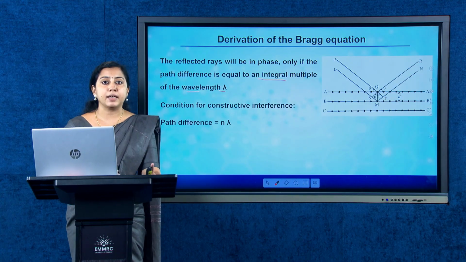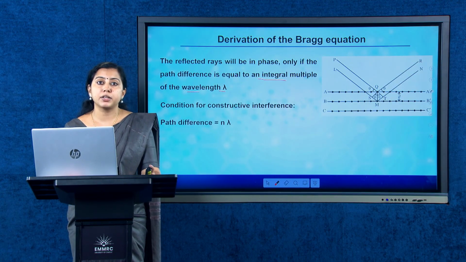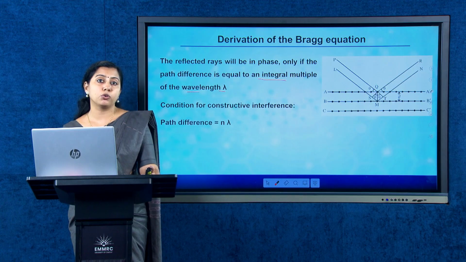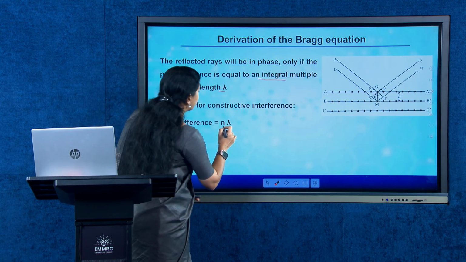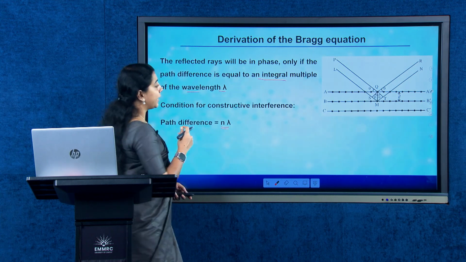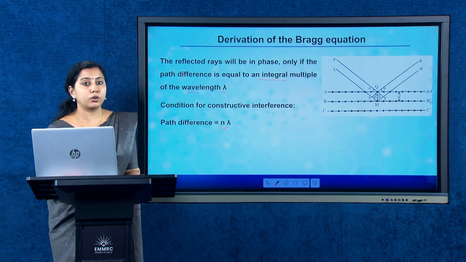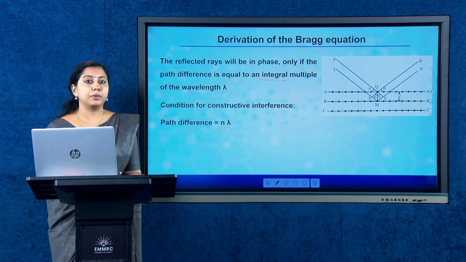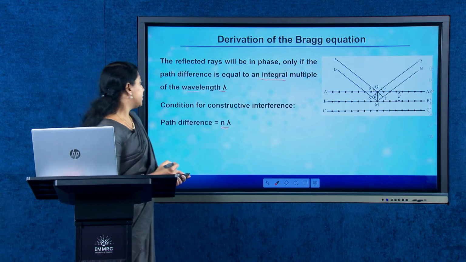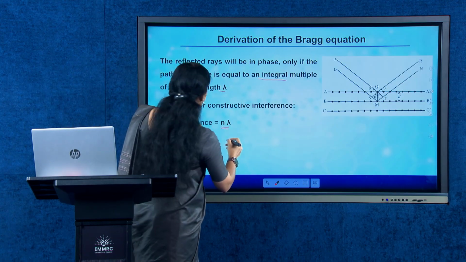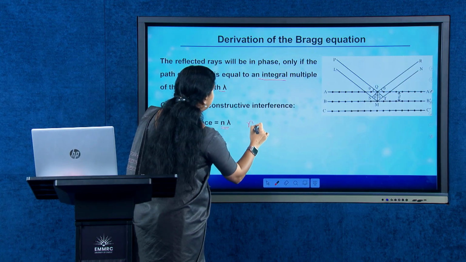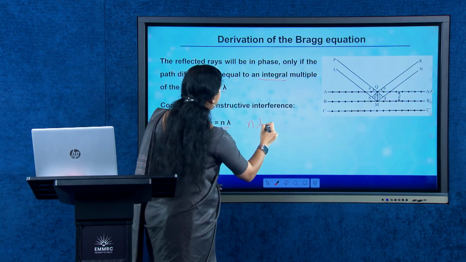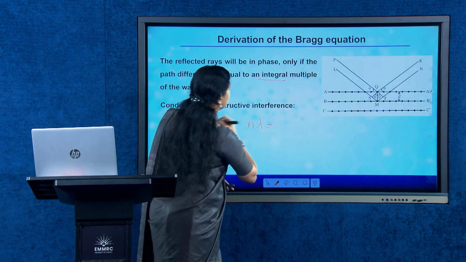Or we may say that the condition for constructive interference, or the condition for reflections of maximum intensity, is that the path difference should be equal to n lambda, where n is an integer called the order of diffraction. So, the path difference is n lambda.